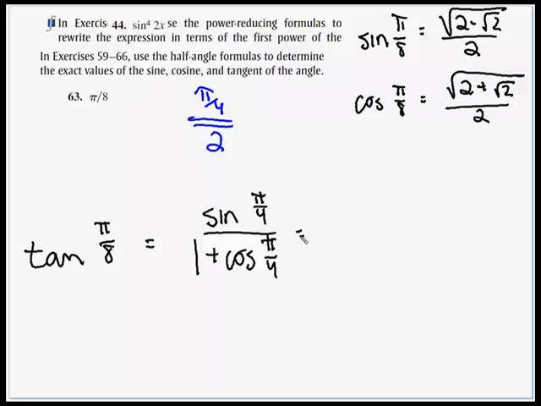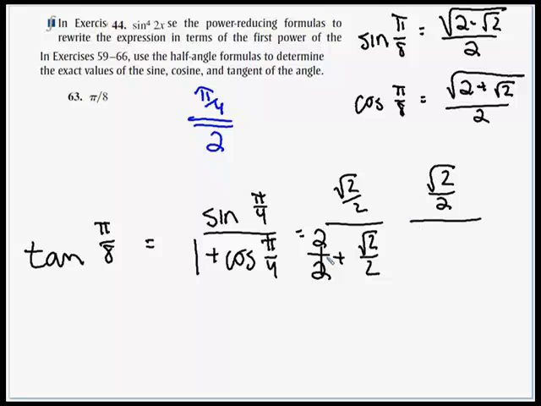And let's see, on the unit circle, if we go to pi over 4, our sine value is root 2 over 2. 1 plus, our cosine value there is also root 2 over 2. And this 1 here, we could think about that as a 2 over 2 to get a common denominator right off the bat. So here we have square root of 2 over 2. Our denominator is going to be 2 plus the root of 2 over 2.